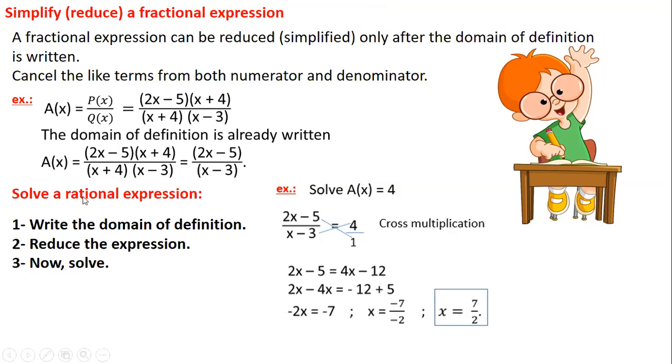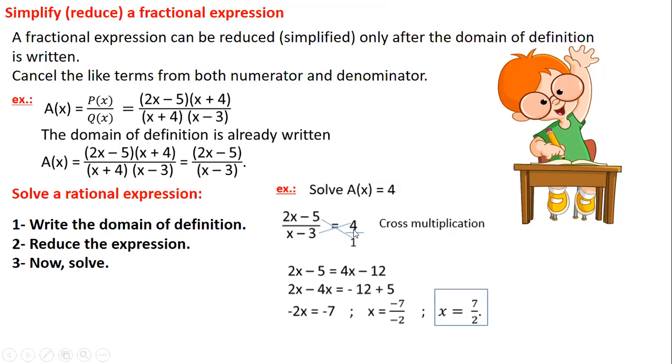How can we solve a rational expression? To solve it, first we should write the domain of definition. We wrote it before. Then we should reduce the expression to get the reduced or simplified form. Then we solve. So if I asked you, solve a of x equal to 4, I take the simplified form of a of x equal to 4.